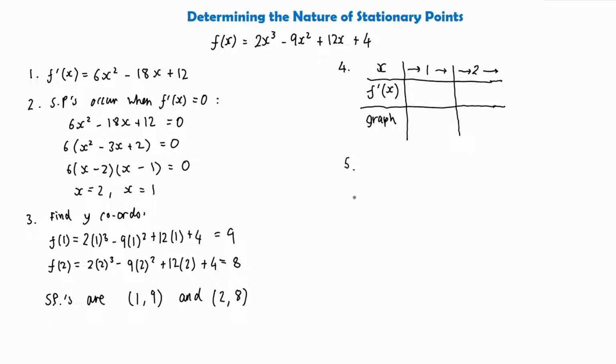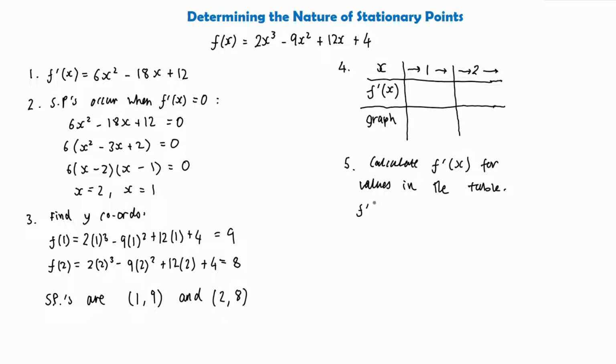Now for step 5, we are going to calculate f dash x for the values in the table. So what we mean by this is substitute in 1 and then substitute in 2 into the derivative f dash x to see what we get for these values that will go underneath them.